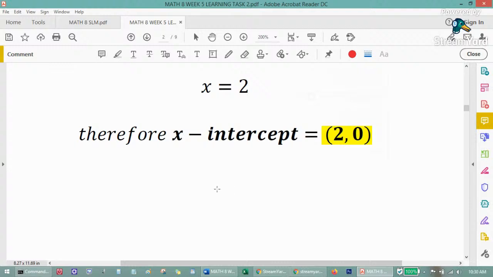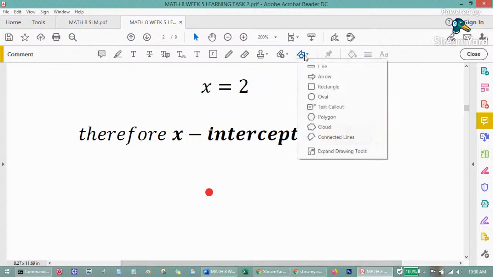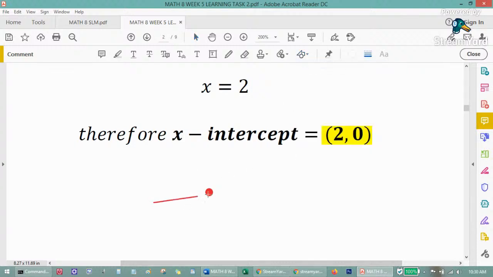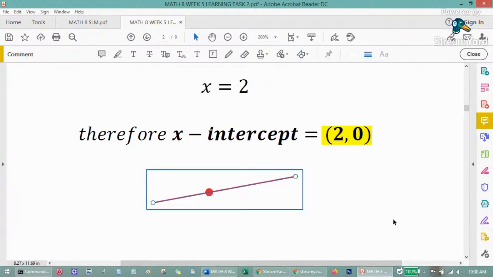Kasi pag isa lang ang point, di natin alam kung yung line ba is pa ganito, or pa ganun, or pa ganyan ba yung line, no?